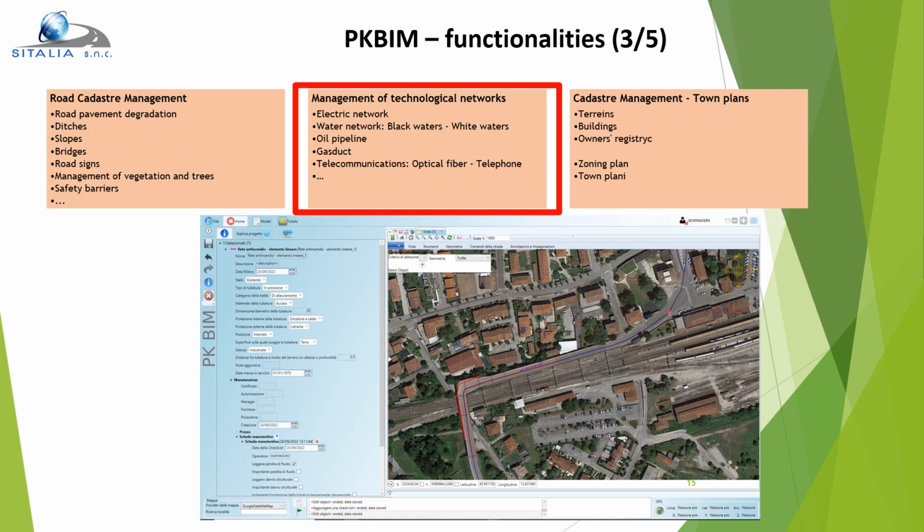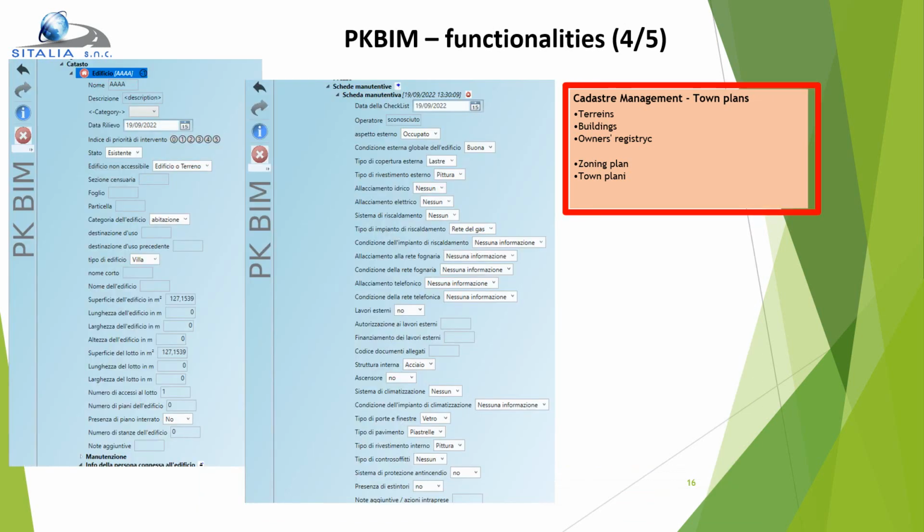For example, in the picture there is an object created, and you can see the dimension, the type of material, and so on. The software also has a module for terrains and buildings, so it is possible to define the information about the terrains, the buildings, and also the owners.